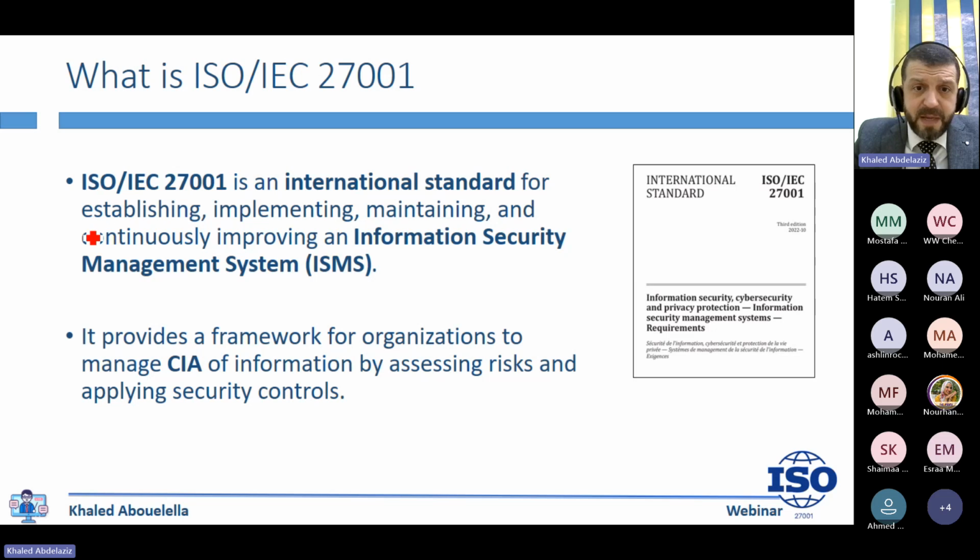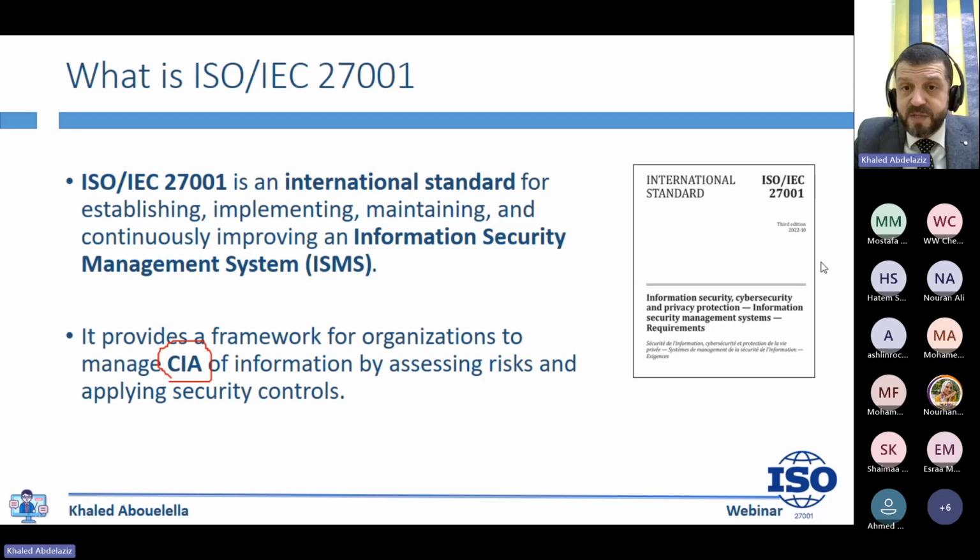Why am I mentioning CIA? CIA is confidentiality, integrity, and availability. When we say cybersecurity, we as information security people directly think about the CIA triad. CIA is the core principle behind almost, I will be fair to say, every cybersecurity standard.